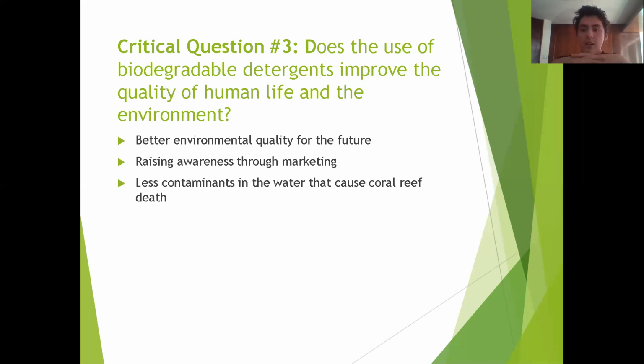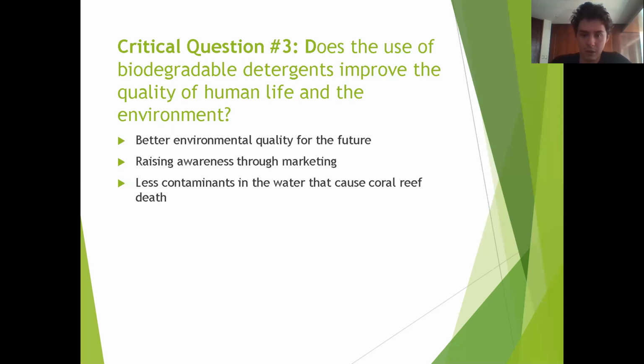But if marketing gets better and people start seeing that it's going to help the planet, they are going to buy that product instead of the one that cleans a bit more but still damages the environment.